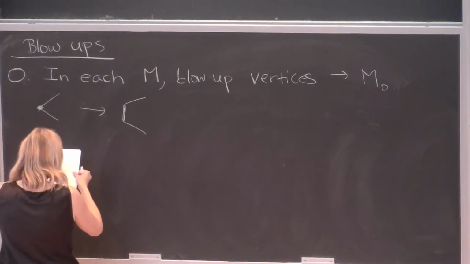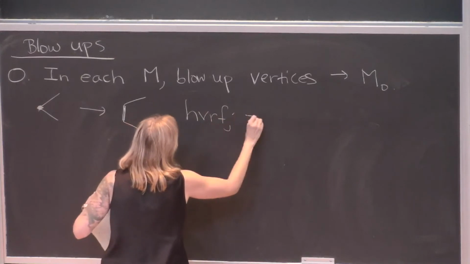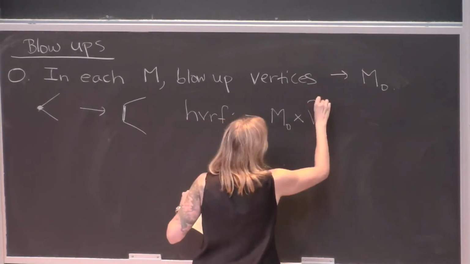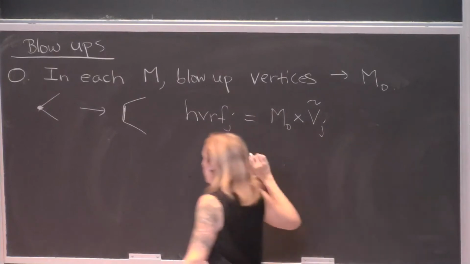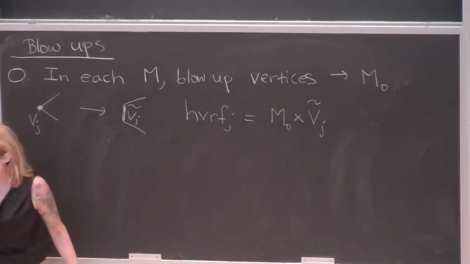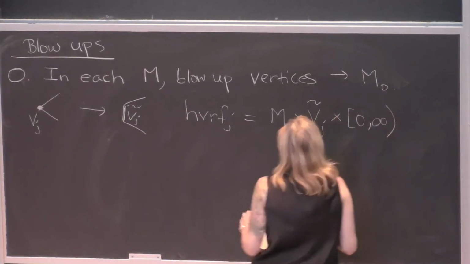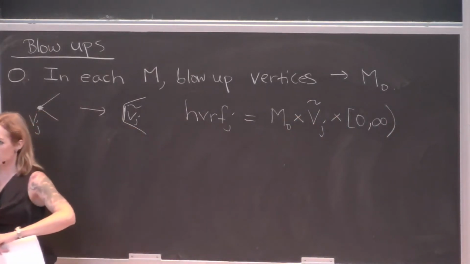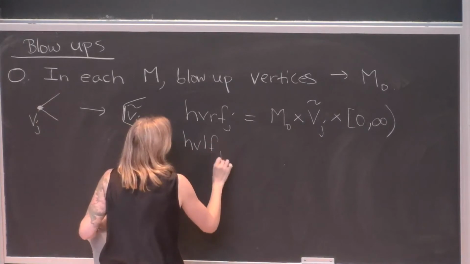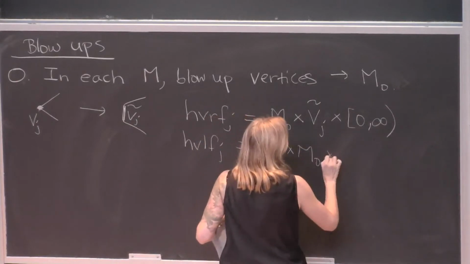The next set, I'm going to call HVRFJ, is going to be M0 times Vj tilde. So if this is Vj, meaning the jth vertex, then this face is Vj tilde. Okay, so this subset of M0 times M0 times 0 to infinity, I'm calling HVRFJ. And HVLFJ will be the same, but in the other copy of M0.